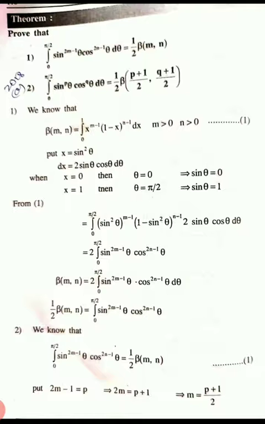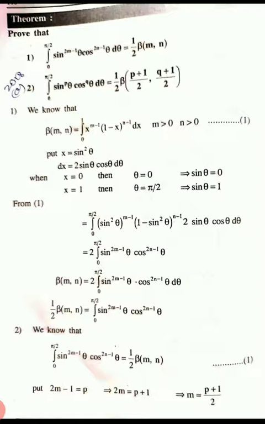Put all these values, and x equal to sine square theta, we get sine square theta raised to m minus 1, and 1 minus x as sine square theta, raised to n minus 1, and dx is 2 sine theta cos theta into d theta. Okay, 2 is a constant, take it outside.